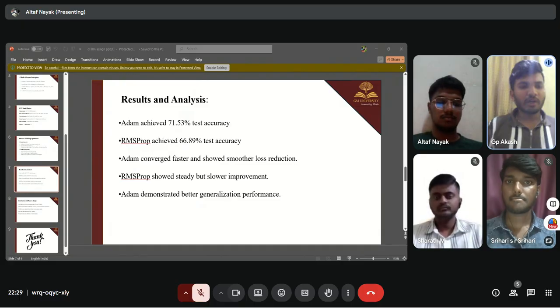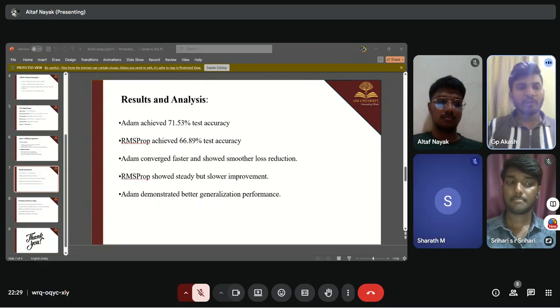On the other hand, RMSProp showed steady but slower improvement, indicating that it learns more gradually over time. Overall, Adam had better generalization performance, which means it performed more consistently when tested on unseen data. So, from the analysis, we can conclude that Adam outperforms RMSProp in both speed and accuracy. The next slide will be conclusion and future work.